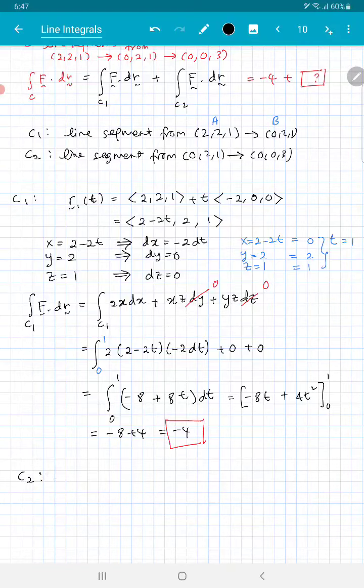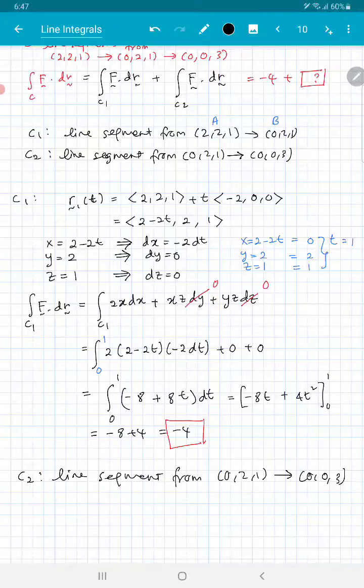It's a line segment from point (0,2,1) to point (0,0,3). Again, the equation of the straight line is not given, so we have to come up with the equation of the straight line. I'm going to call it R2(t).